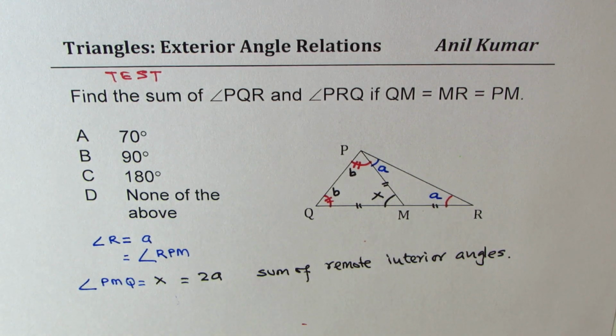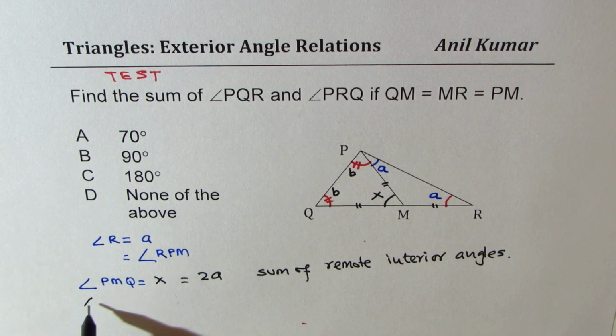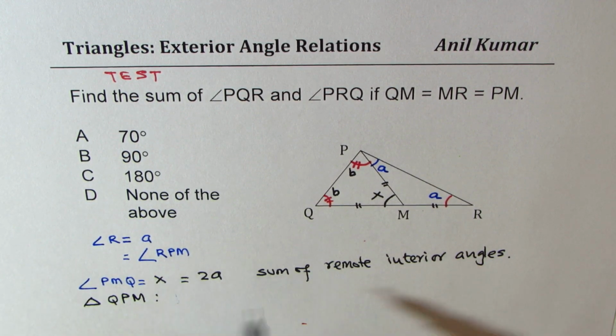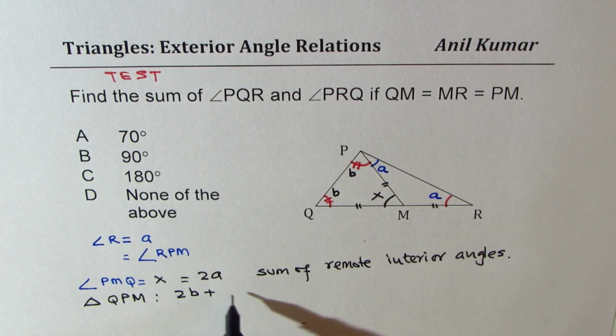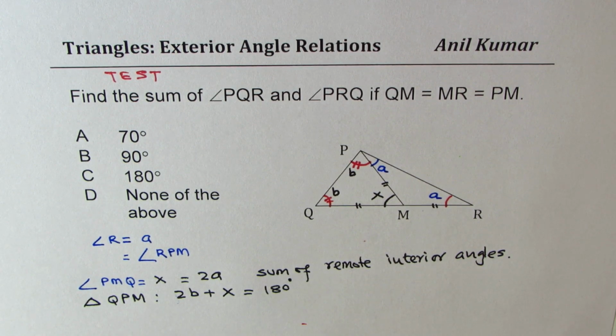Is that clear? So in the triangle QPM, what we have is that 2B plus X is equal to 180 degrees. Correct? X is 2A, right?